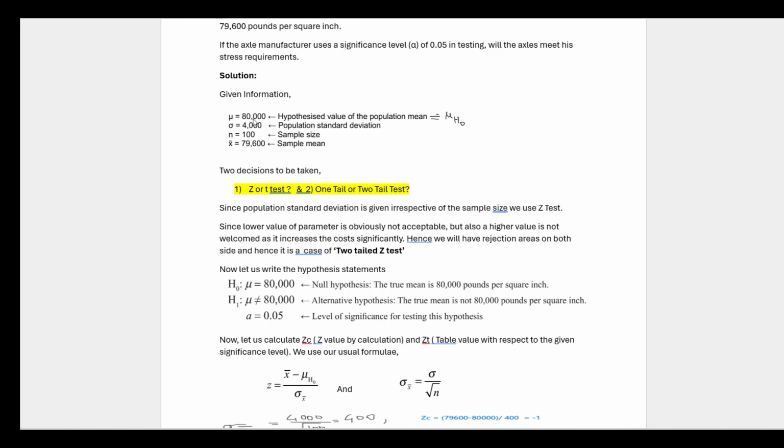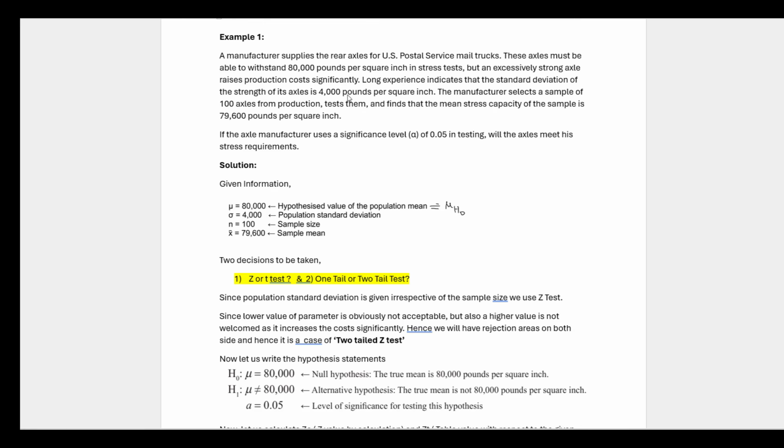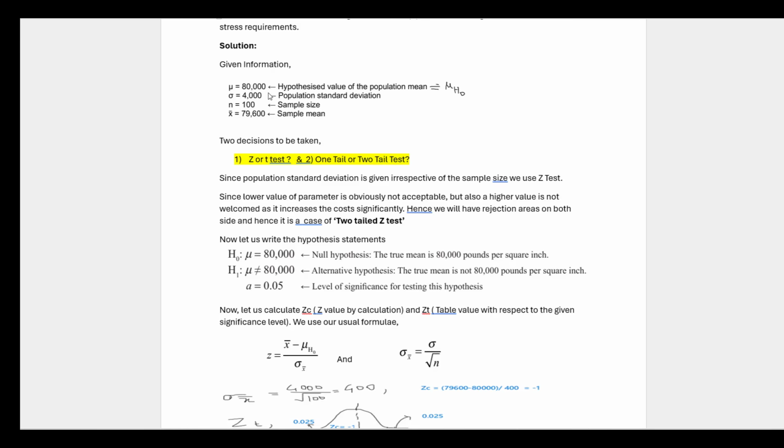That is our hypothesis, that this particular population from which the sample is drawn is 80,000. So in short, our mu H0 is 80,000. The standard deviation they have given us is of the population, which is 4,000 pounds. Sample size is 100 and the sample mean was found to be 79,600.